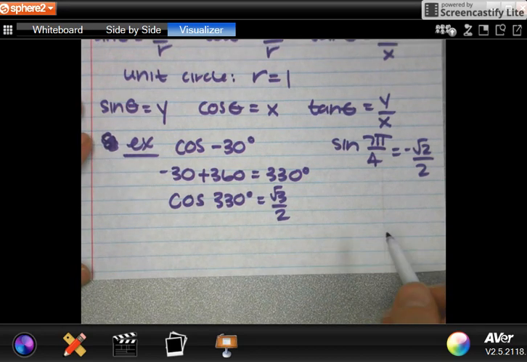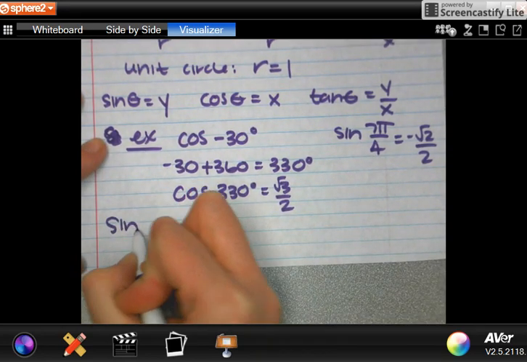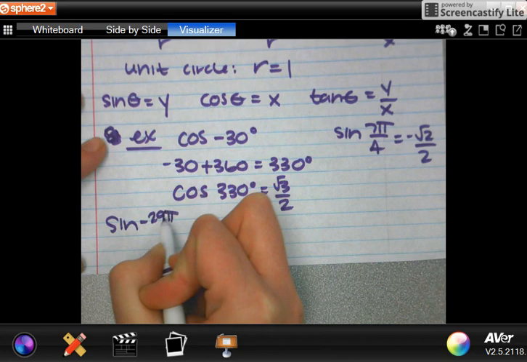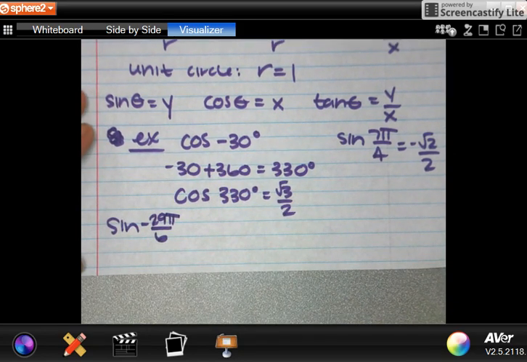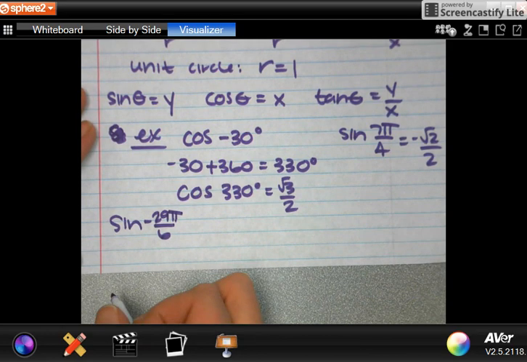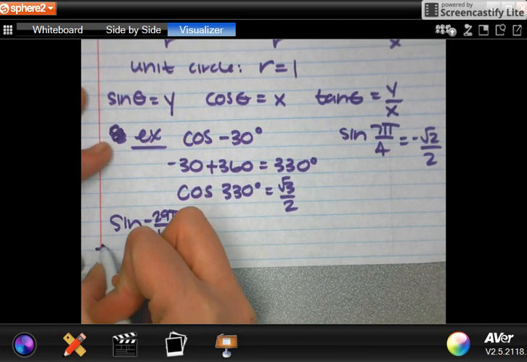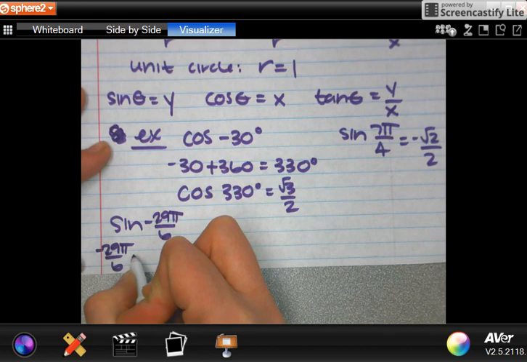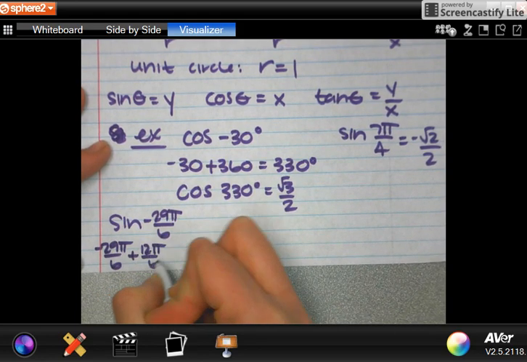One more example we can look at: sine of negative 29 pi over 6. When I see negative 29 pi over 6, I know I'm going to want to get that to within between 0 and 2 pi. So I'm going to find a coterminal angle by adding 12 pi over 6.